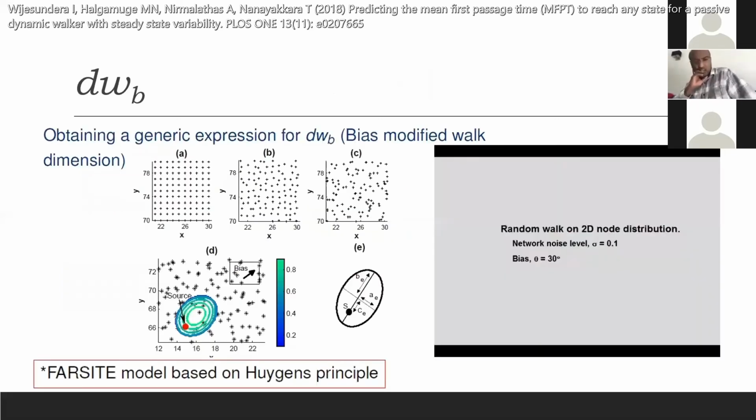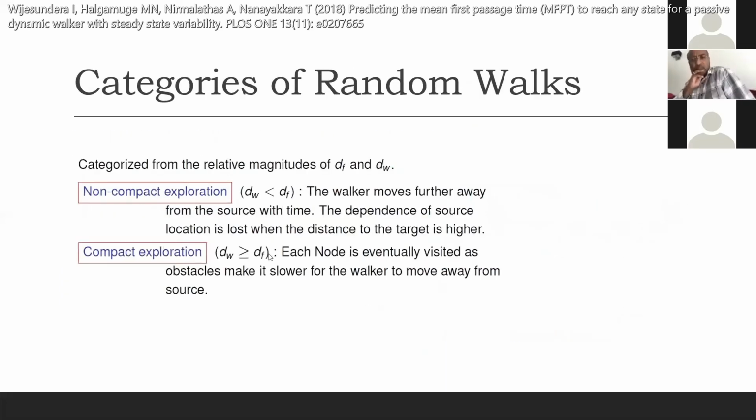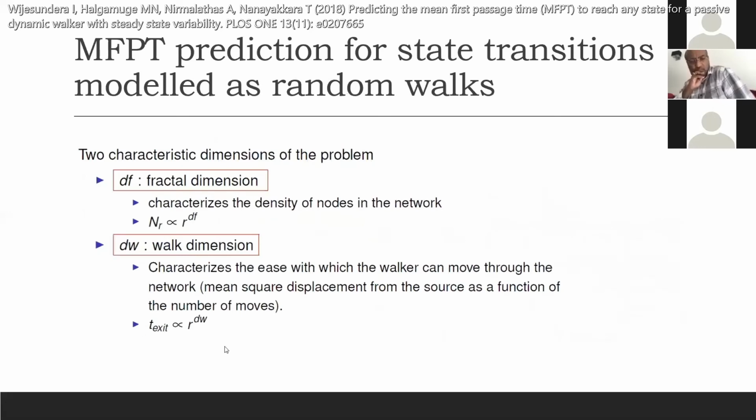Yeah, that's a good question. So DW we got straight from this equation itself. I should have mentioned that before. Using the simulated data, we can get the DW from this equation.